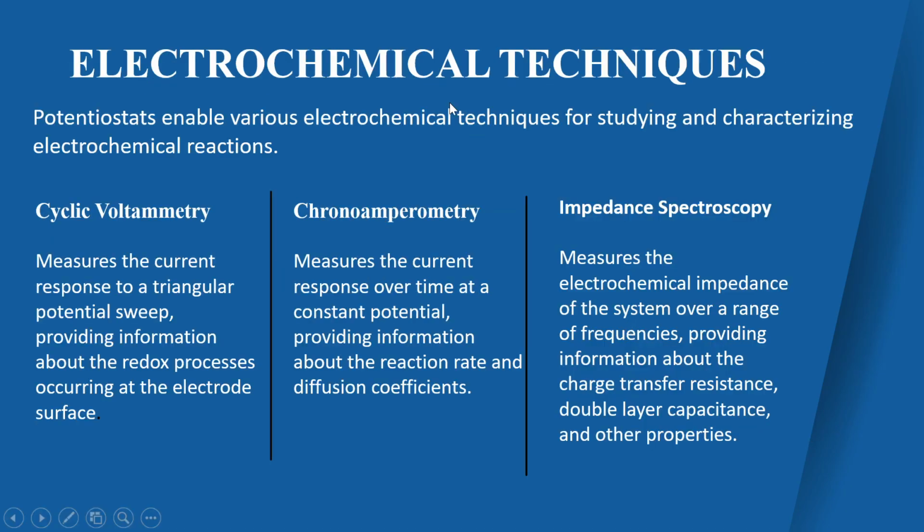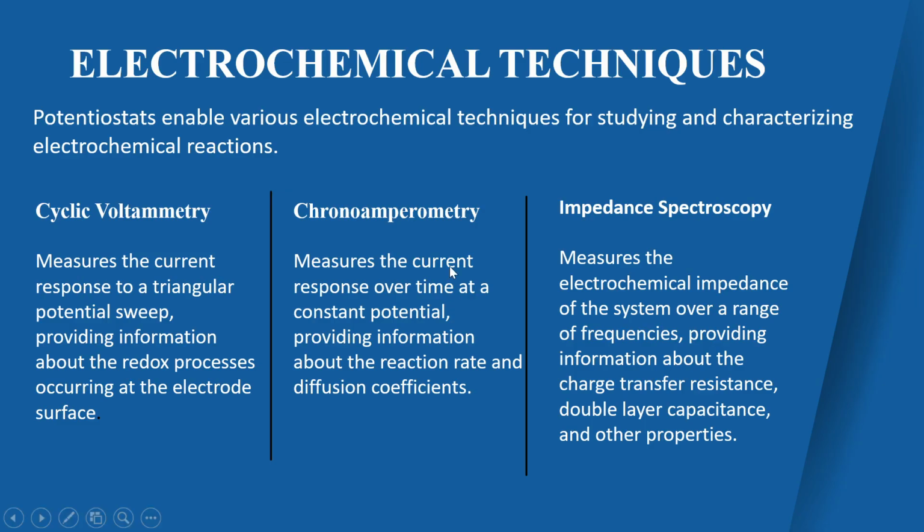Then coming to the electrochemical techniques, potentiostats enable various electrochemical techniques for studying and characterizing electrochemical reactions. Out of them, few of them I have listed here. One is cyclic voltammetry. It measures the current response to a triangular potential sweep, providing information about the redox processes occurring at the electrode surface. The next comes chronoamperometry.